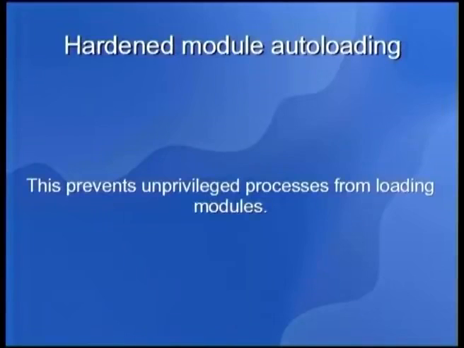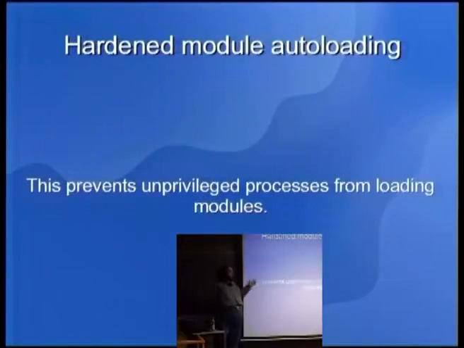We also have hardened module autoloading. The idea is that an unprivileged process cannot request the kernel to load a module because it needs a feature that is supposed to be there. So if, for example, let's say CarlNet, it's an invention, doesn't exist anything like that, a cool new protocol that can do everything and that is full of exploits.